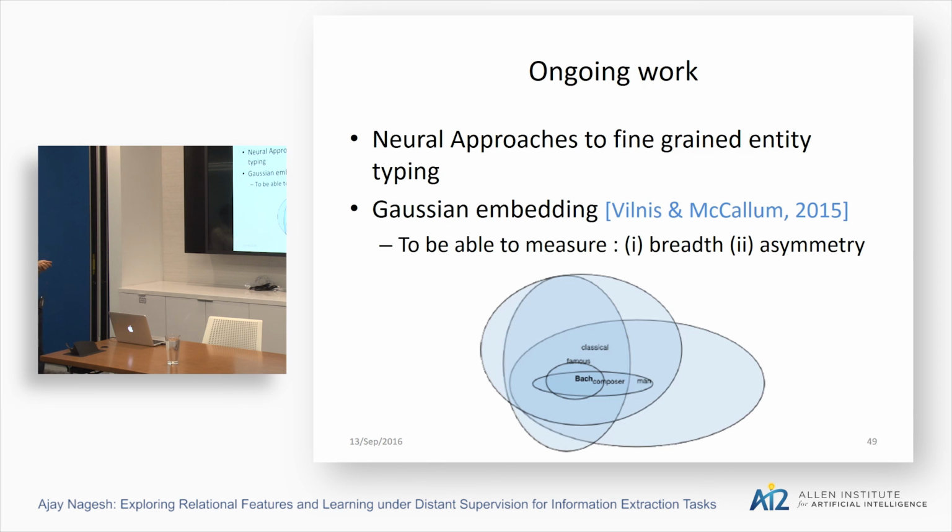So a composer is a person, but a person is not a composer, and this has been shown to do very well on unsupervised lexical entailment.